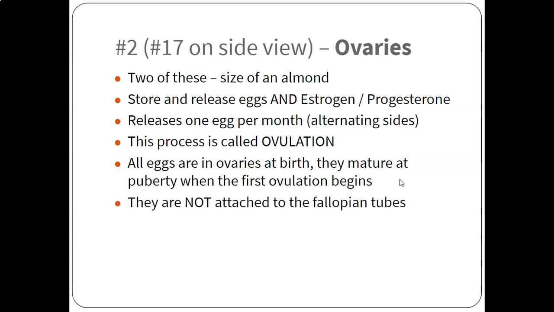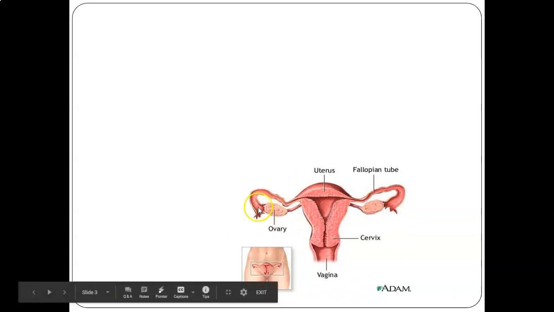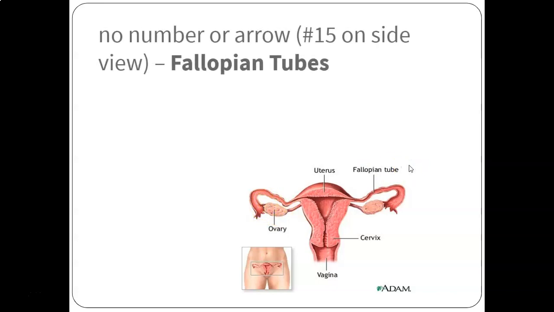Again, you'll see this in the picture on the next slide. The ovary is right here, and you see that the fallopian tube is not attached to the ovary. Sometimes when we look at these diagrams, it looks like they're connected. They are not. The ovary is connected to the abdomen by this ligament right here, but the ovary itself is not connected to this fallopian tube.